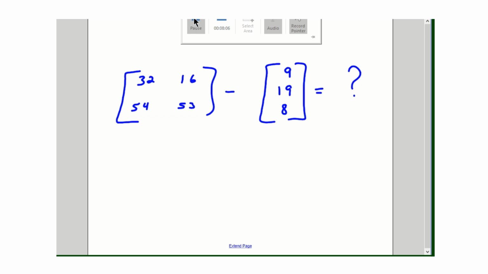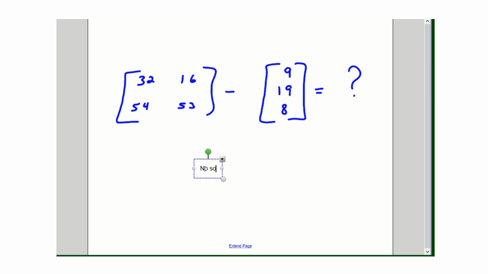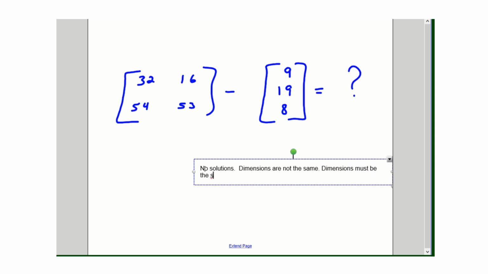So what do you think we write for an answer here when we see something like this? Here you just come up with no solutions. Dimensions are not the same.